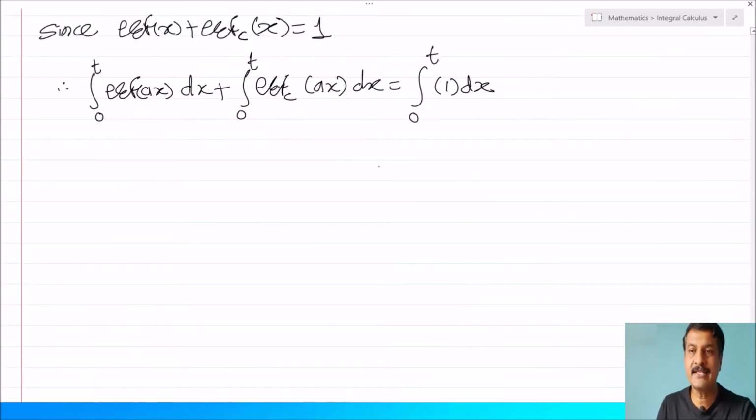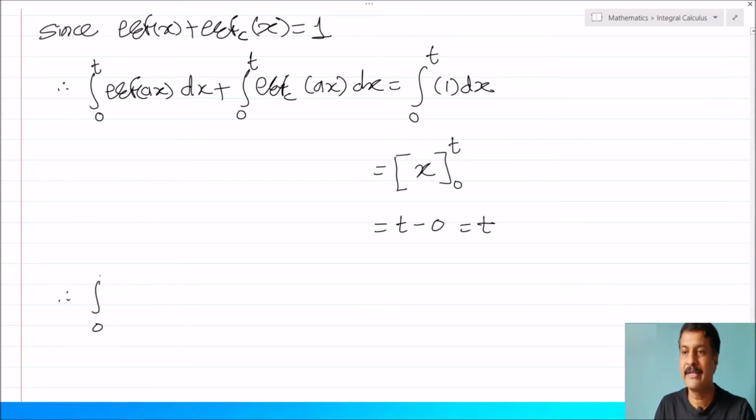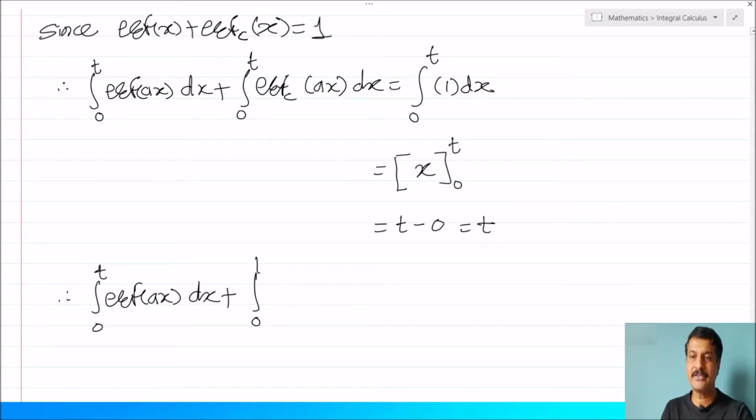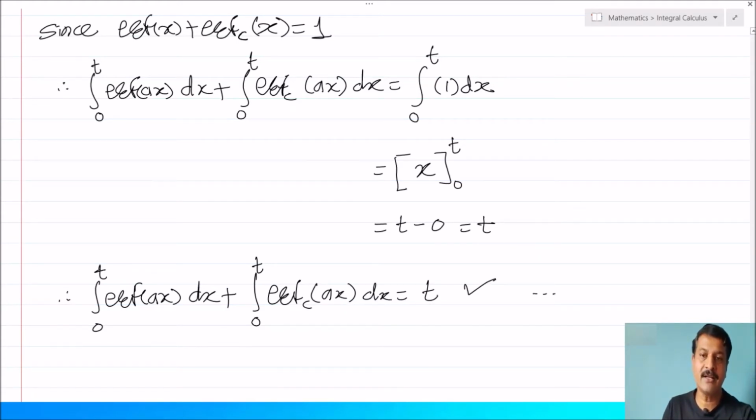So integrate it. So integration of dx is x, lower limit 0, upper limit t. So that is equal to upper limit minus lower limit, that is equal to t, and therefore integration 0 to t error function of ax dx plus integration 0 to t complement of error function of ax dx is equal to t, which is our result.